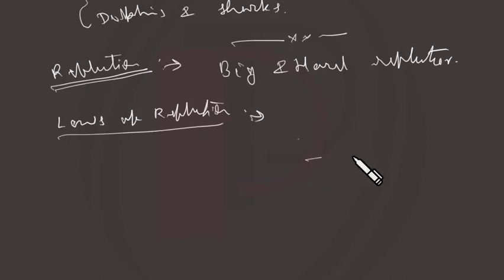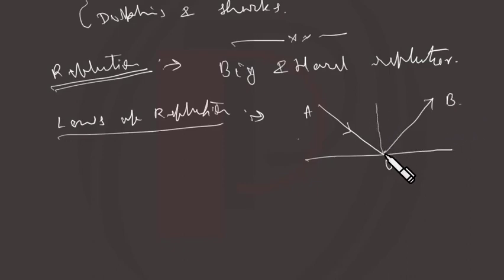If there is an incident wave AO, let's say a sound wave, coming and falling on a surface which is in this case hard and very large, and then gets reflected by it, and this is the reflected wave OB. If we draw a normal at this point of impact O and name it ON, an imaginary line normal to the surface of reflection, then AO is the incident wave, OB is the reflected wave, and these are the angle of incidence and the angle of reflection.